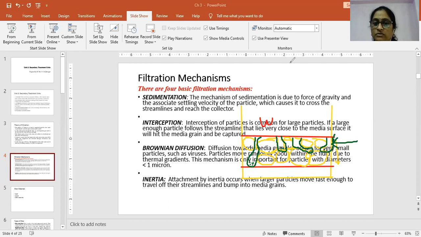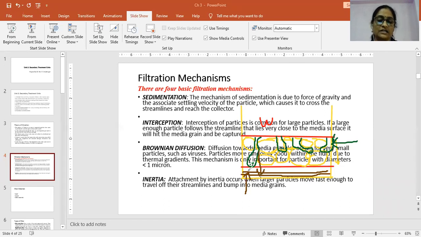So at the bottom here you can see there will be a collection system, which is usually known as an under drainage system. Whatever water is falling down will be collected by this pipeline.